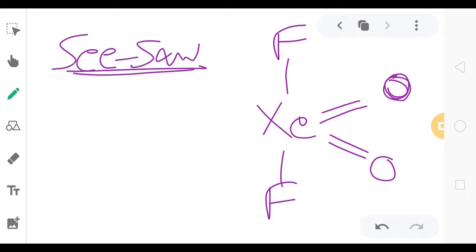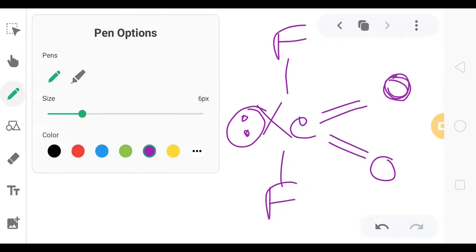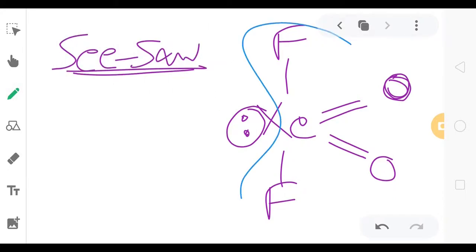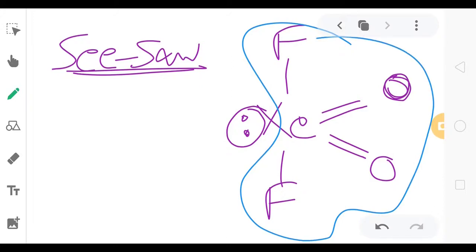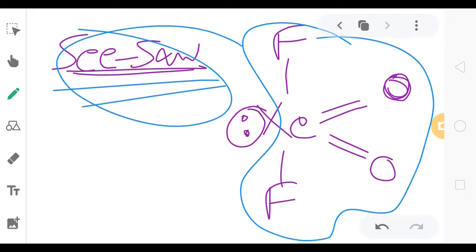So here we have one lone pair on the xenon. That is why only this shape will be considered, and it is nothing but a seesaw structure. Now one question might arise in your mind: how did you get this lone pair? A very basic trick.